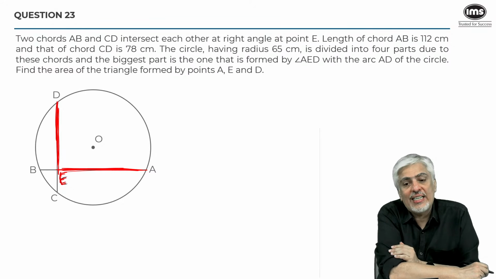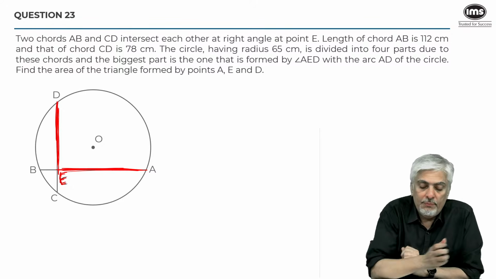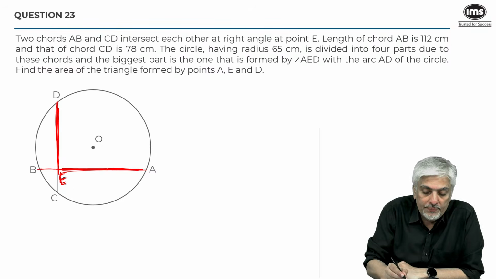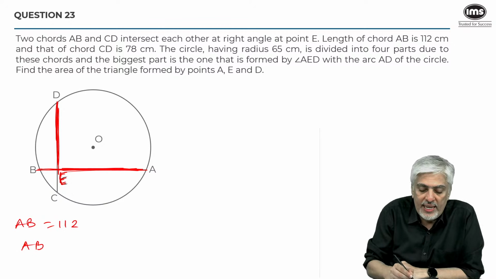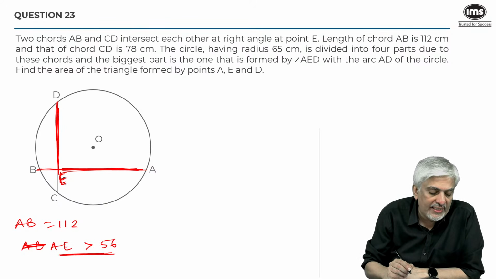And from the diagram, you can see AE is definitely more than half of 112 because AB is 112. So AE is definitely greater than 56. Uday, excellent. Uday has got the answer.